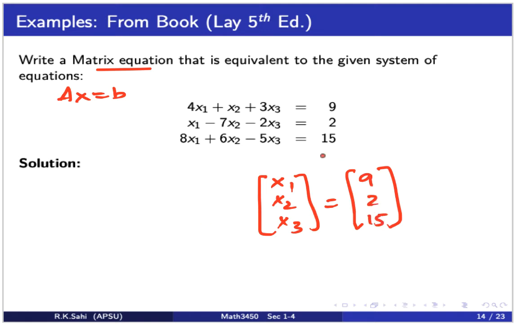Also, before I start writing it down, I make sure how my linear system is written. The very first equation of the linear system is the way I take my clue from. The first one is x1, x2, x3, and all the constants are on the right-hand side of the equal sign.